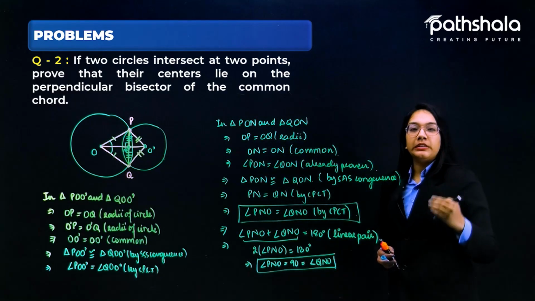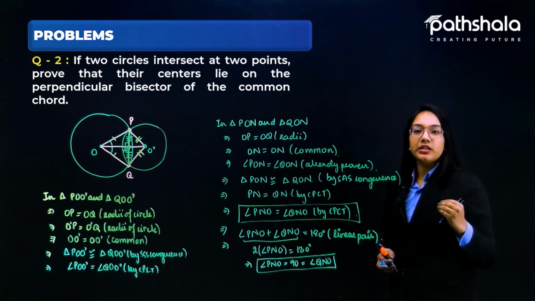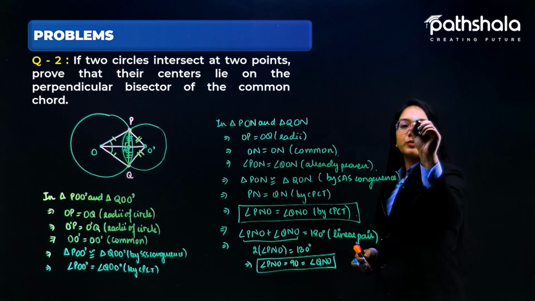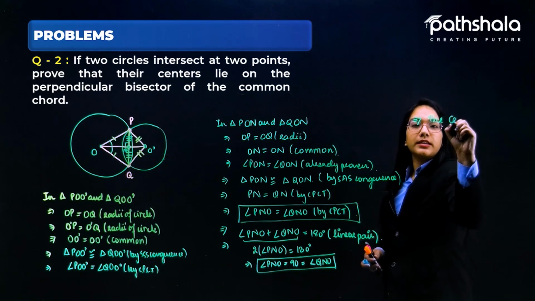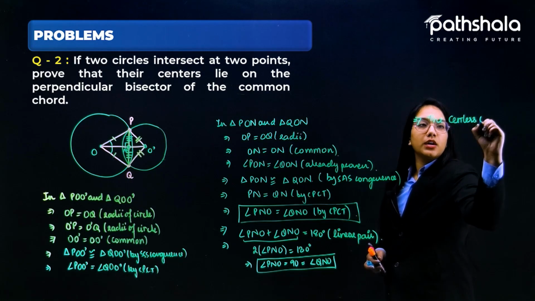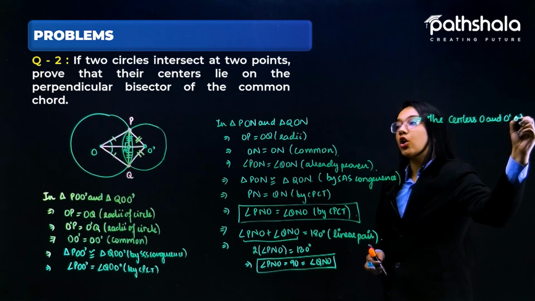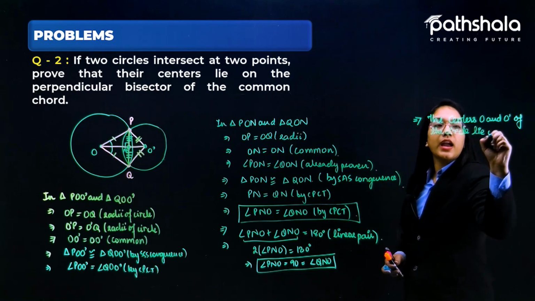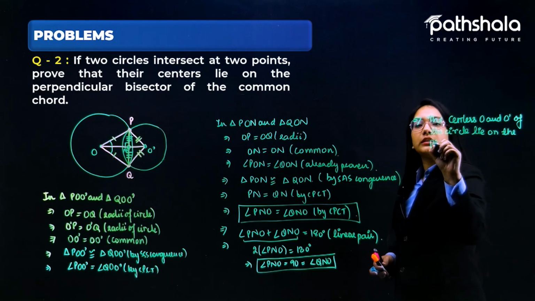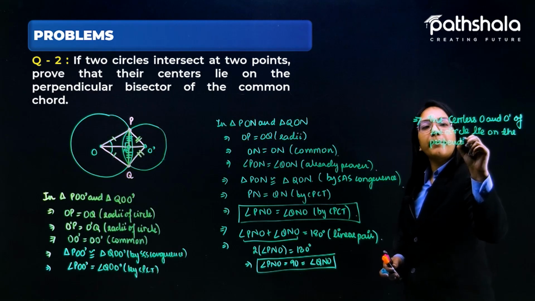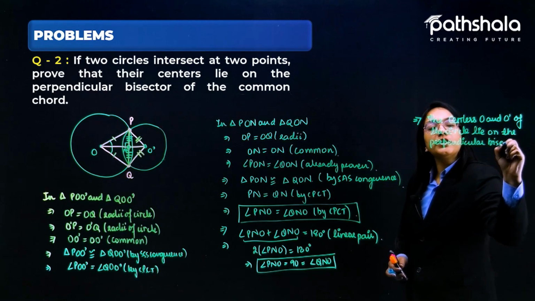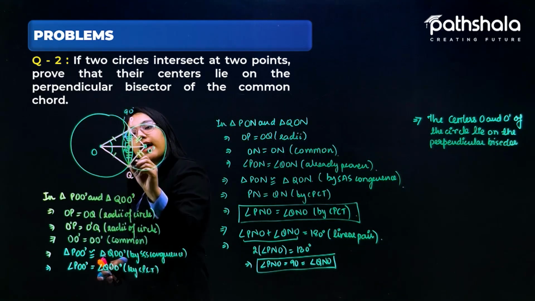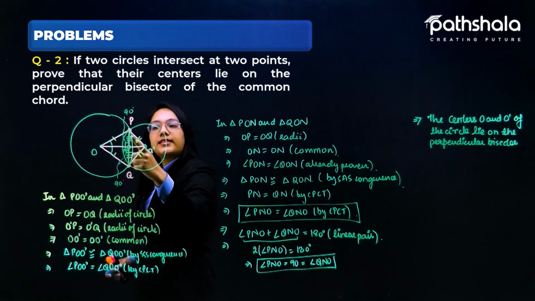So the two circles intersect at two points, and we can say that the centers O and O dash of the circles lie on the perpendicular bisector, because this angle is 90 degrees, this angle is 90 degrees, and this side is equal to this side.